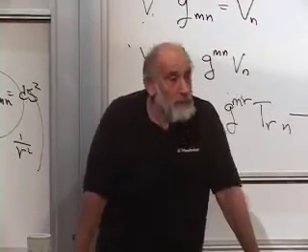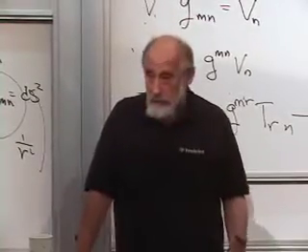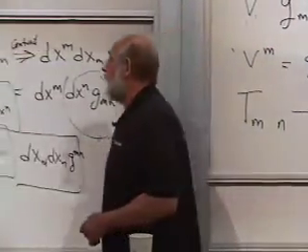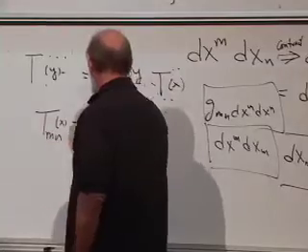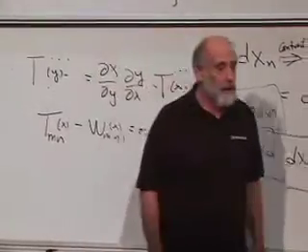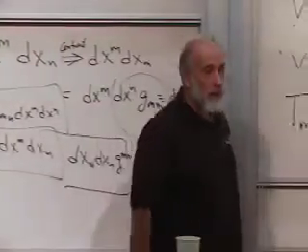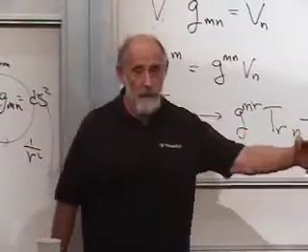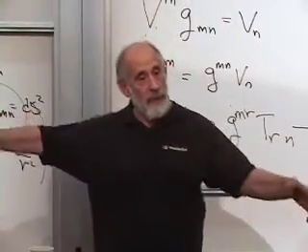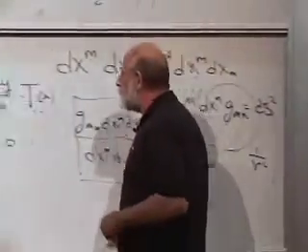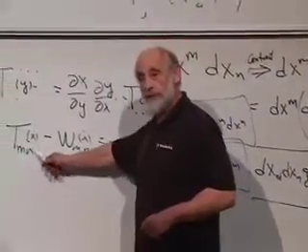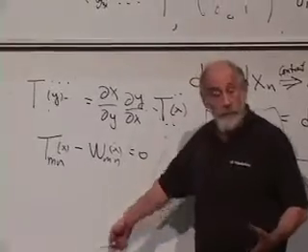That's one of the powerful things about tensors, that it allows you to make statements such as one thing is equal to another, although each side of the equation may have complicated transformation properties, you can be assured that both before and after the transformation, they will remain equal.